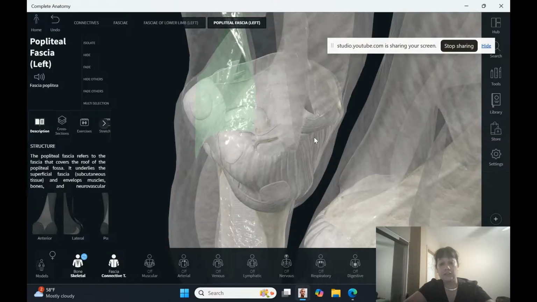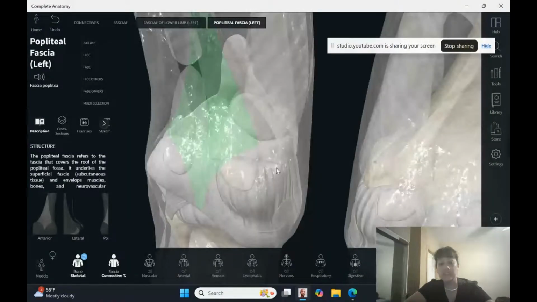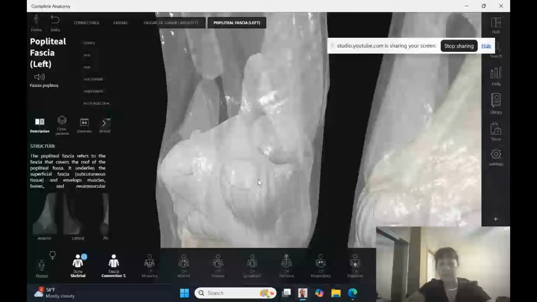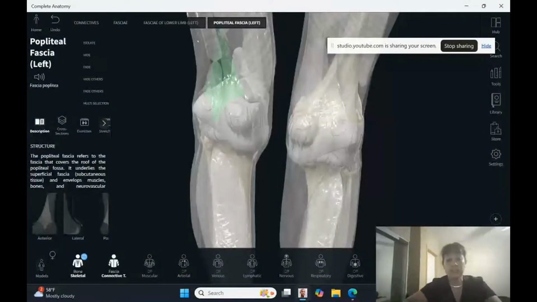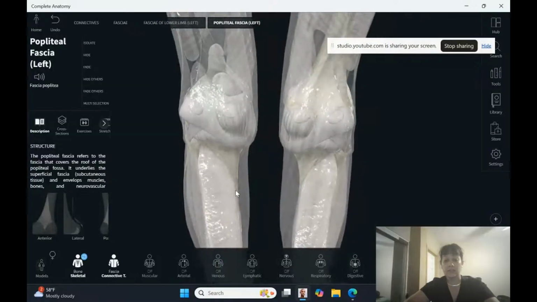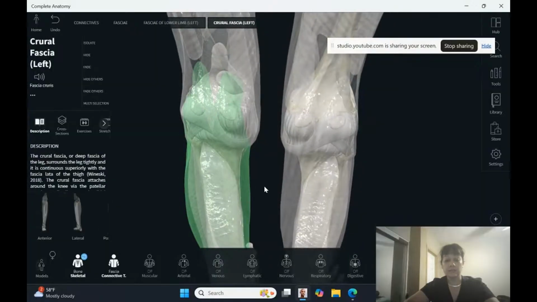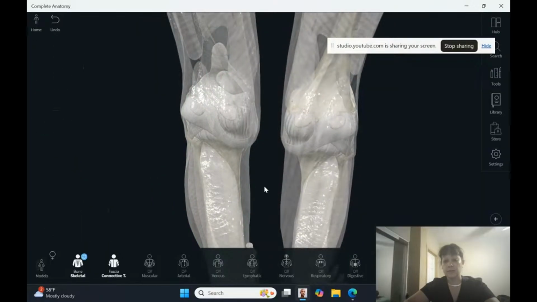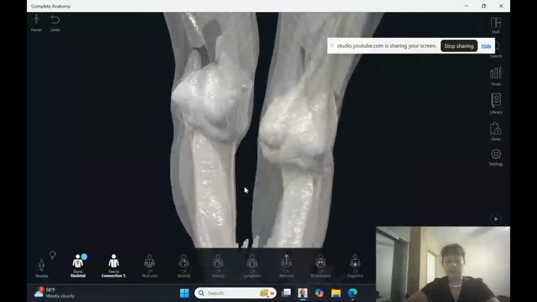If you get an injury and you get swelling, these fascia cavities can actually cut off tissue supply and lead to necrosis of the leg. So you have to get surgery right away. They call them anterior posterior syndromes of the leg.